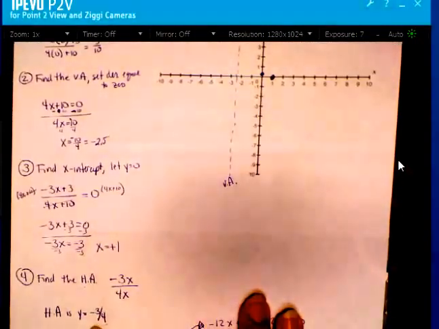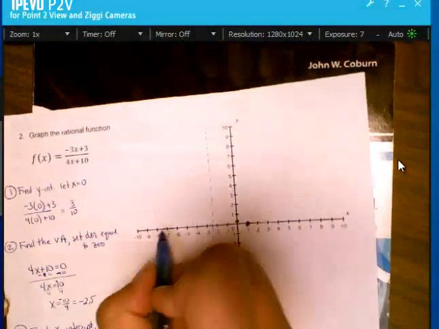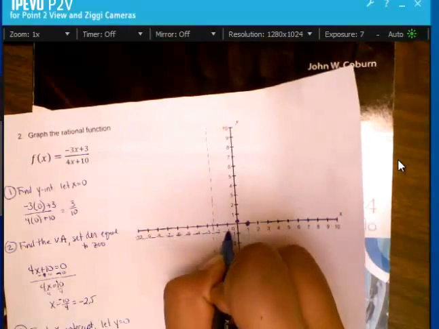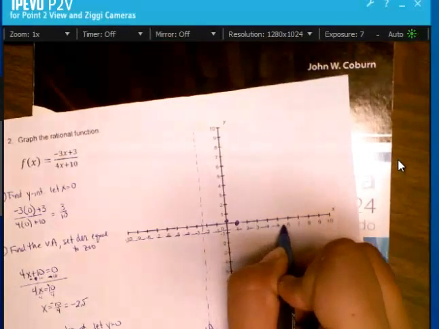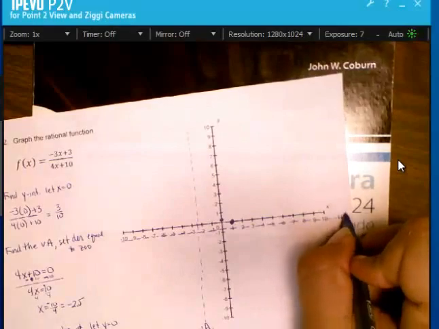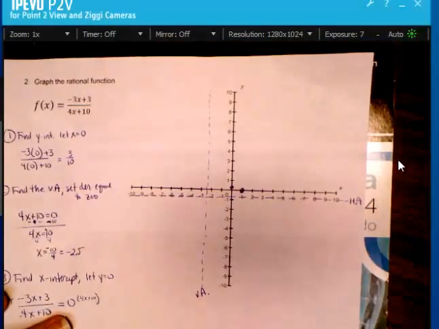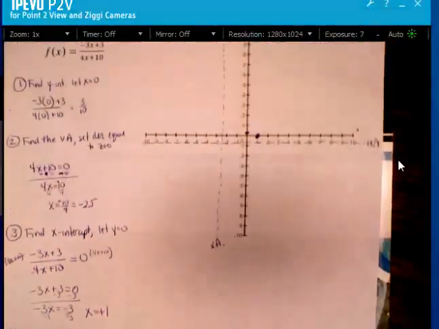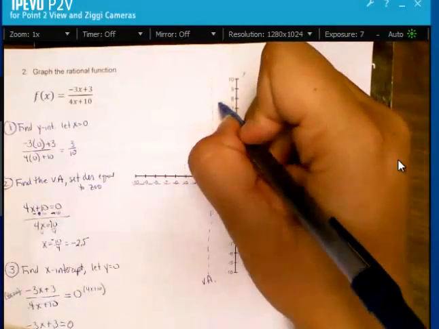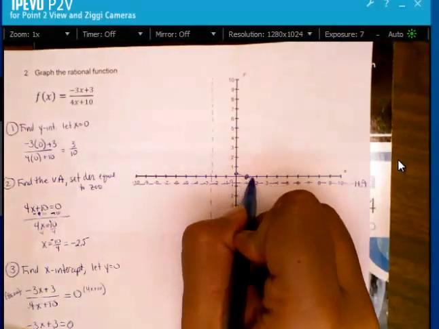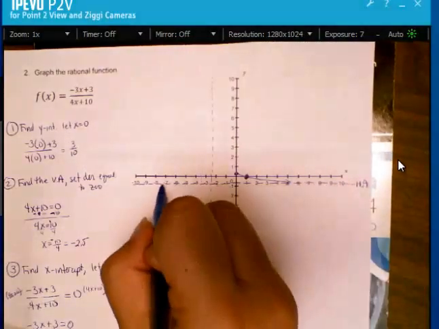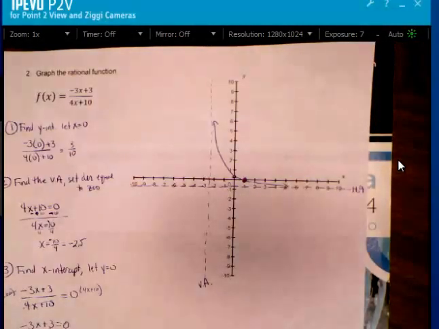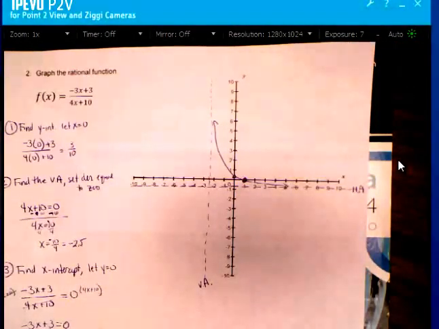Okay, we have a horizontal asymptote at negative 3/4, so that's approximately right here. And then the last thing is that we know that it doesn't cross the horizontal asymptote. Okay, so again, this function is, we've got 2 points, and it's going to be magnetized towards those asymptotes, either the horizontal asymptote or the vertical asymptote.